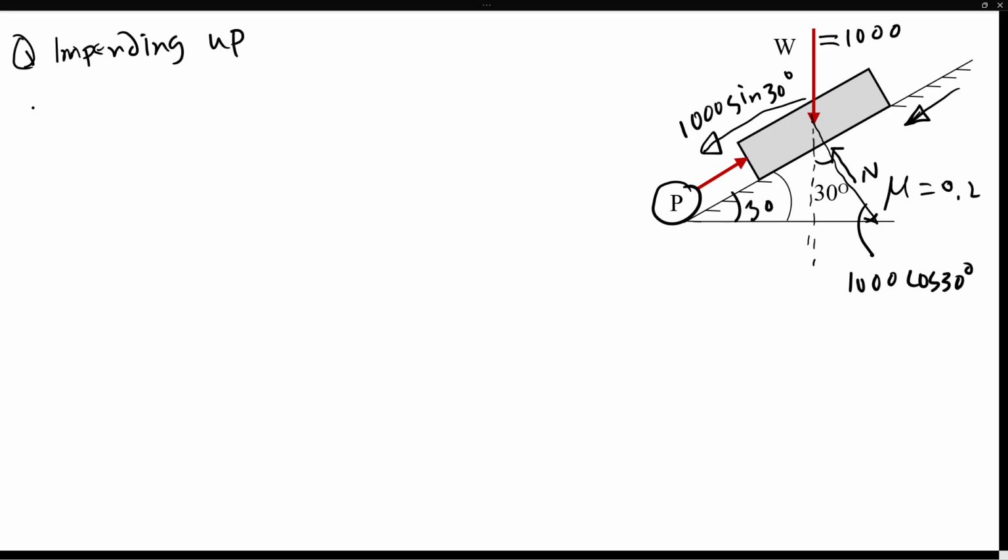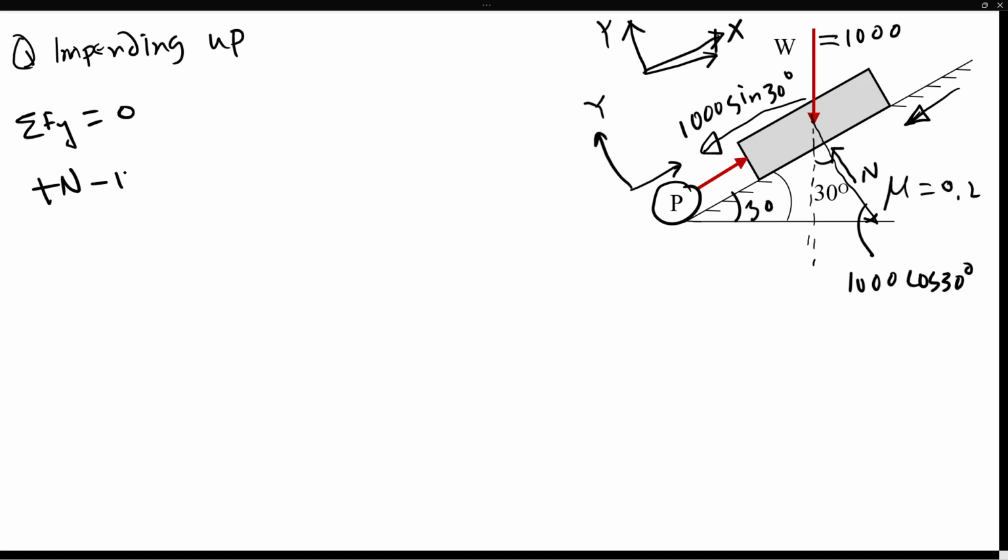It is still static. So then the summation of forces perpendicular to the surface. Here we are assuming this is our y, and the surface direction is our x. So along the surface x, perpendicular y. If you do summation of Fy equals 0, we can write plus N, the normal force, always perpendicular to the surface, and then minus 1,000 cosine 30 degrees.